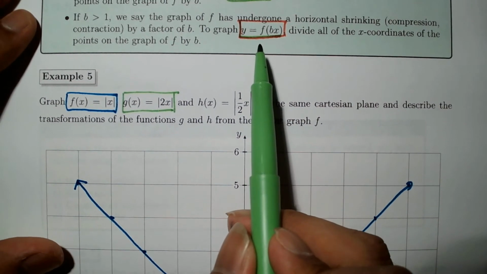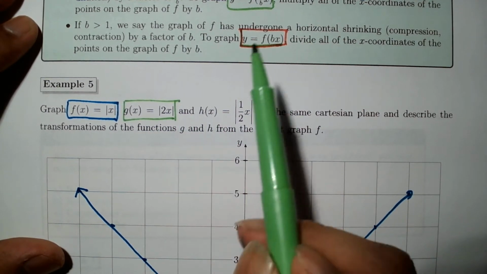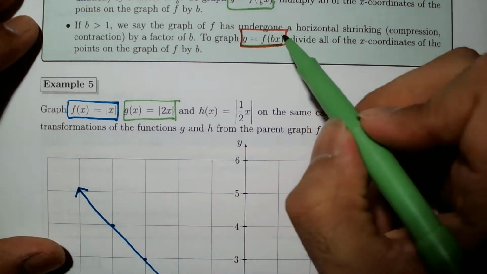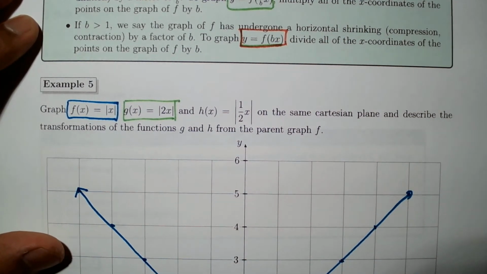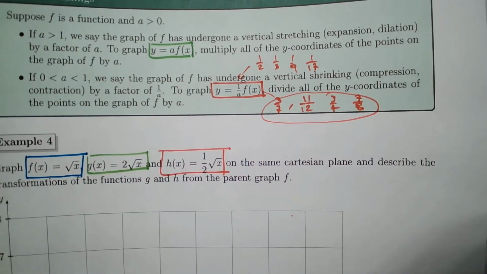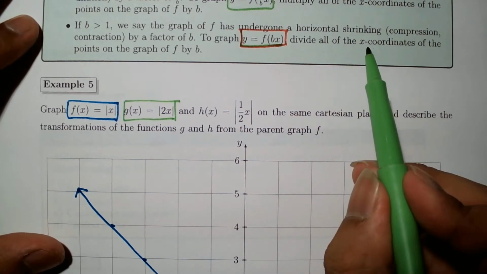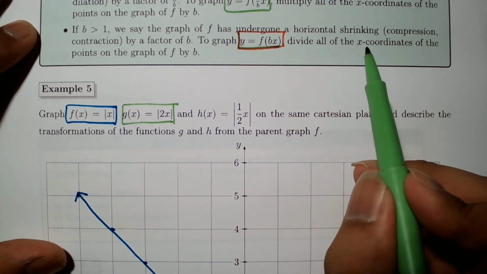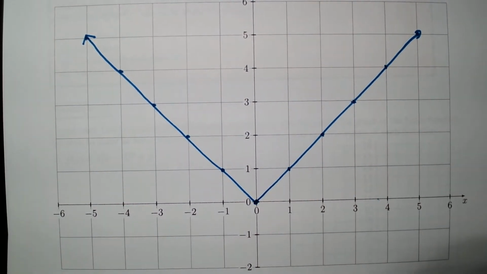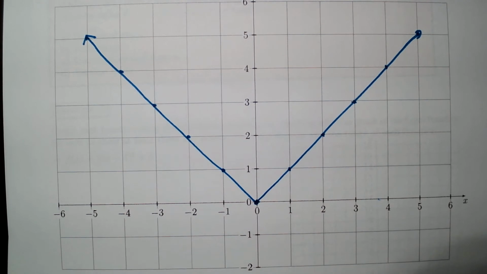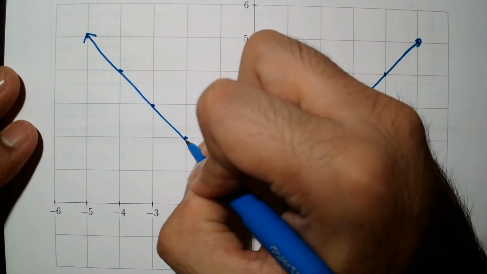It's the second case. Well, by the way, this should have been the green one, not the red one. So in this case, all the x coordinates, not the y coordinates. Notice in the previous case, we multiplied the y coordinates. Now we're going to do the same thing, but with the x coordinates. So I'm going to have the points, not all the points, by the way. I'm going to choose just some key points.